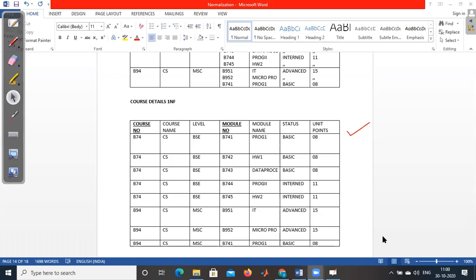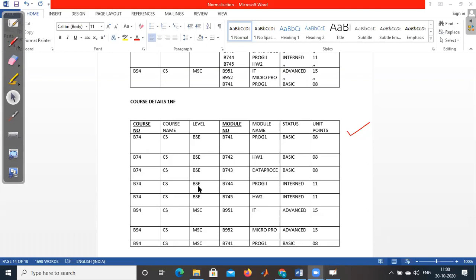What is second normal form? All non-key attributes should be fully dependent on primary key attributes. According to second normal form, all non-key attributes should be fully dependent on primary key attributes.